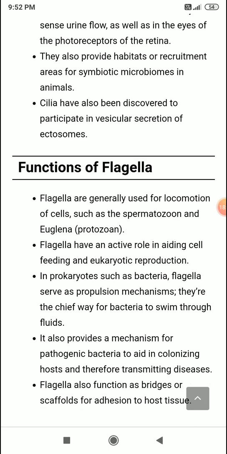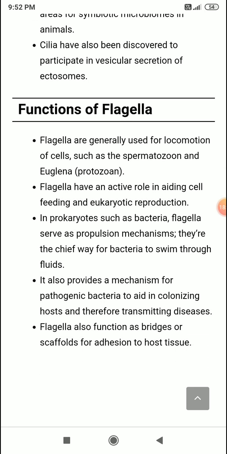Function of flagella. Flagella are generally used for locomotion of cells such as spermatozoa and Euglena protozoans. Flagella have an active role in aiding cell feeding and eukaryotic reproduction. In prokaryotes such as bacteria, flagella serve as a propulsion mechanism.